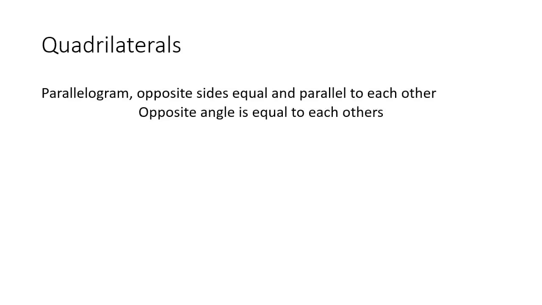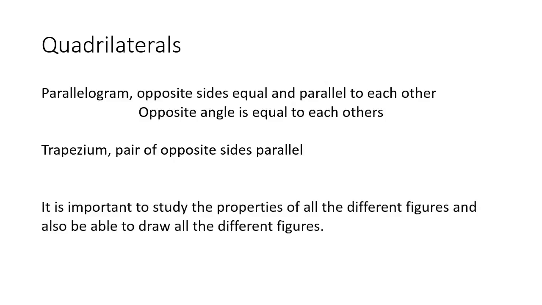Now let's look at some quadrilaterals that we also have to know. A parallelogram, for example: the properties of a parallelogram are that the opposite sides are equal and parallel to each other, and the opposite angles are equal to each other as well. The trapezium: one pair of opposite sides is parallel, and that is the property of a trapezium.